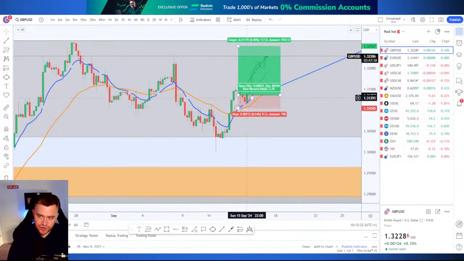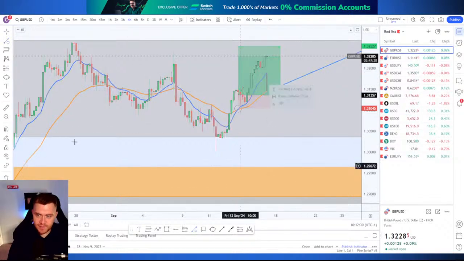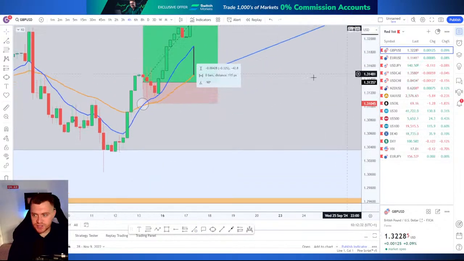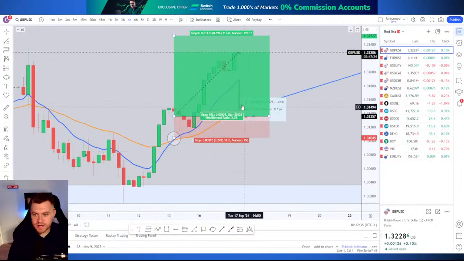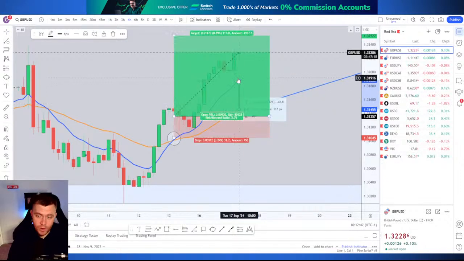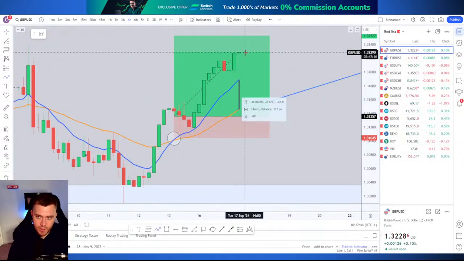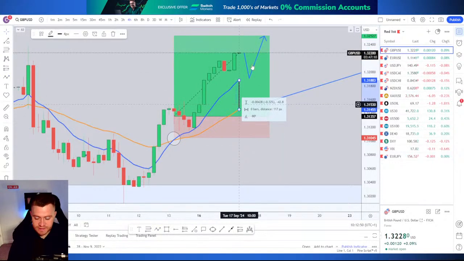Now the actual trading opportunity comes when we get a test of that EMA 12, and the gap needs to be 30 pips. So as you can see at the moment on the pound versus the US dollar, there is an opportunity to potentially go long when we get the price coming back and testing our EMA 12. We then go long with a stop loss at this EMA 36.